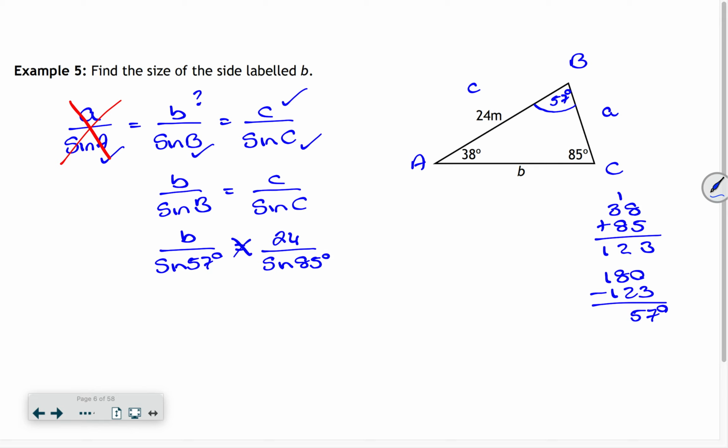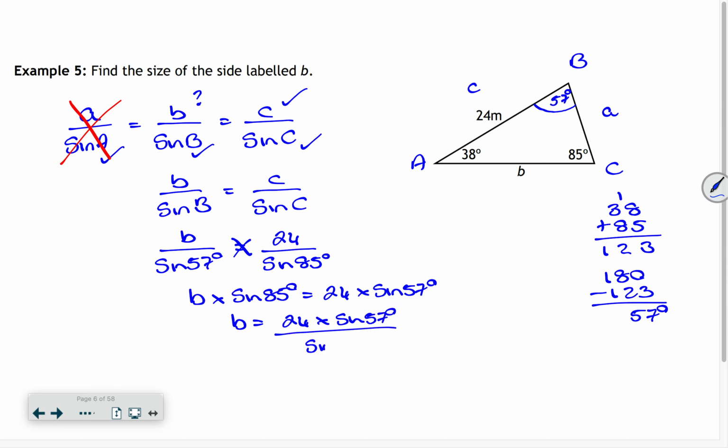Cross multiply, so I get B times sine 85 is equal to 24 times sine 57. So B is equal to 24 multiplied by sine 57 all over sine 85.